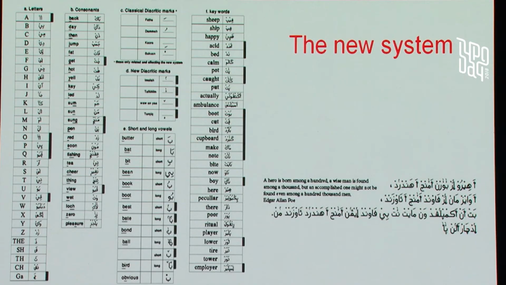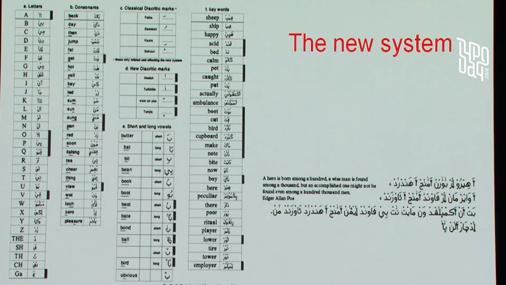In this case, if we do this, mostly all the gaps I have presented earlier could be filled now. And a hero is born among 100, a wise man is found among 1,000, but an accomplished might.